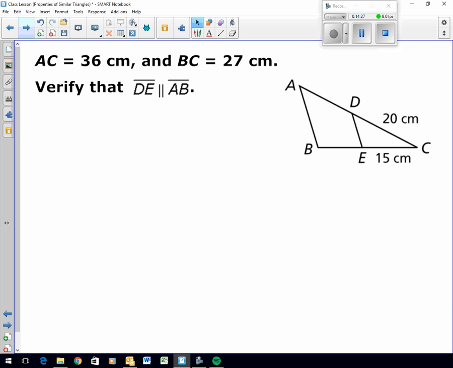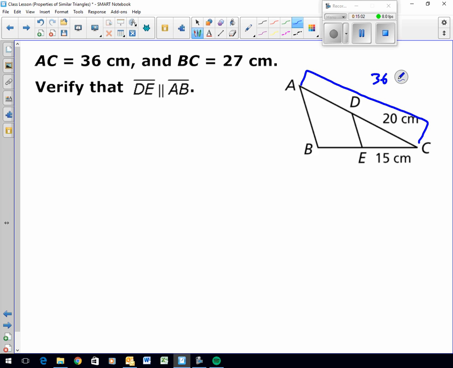My favorite problem today. Go ahead and write this one down. Let's solve it out. You just said that A to C is 36. The whole distance from A to C is 36. You gotta read the directions on these problems.